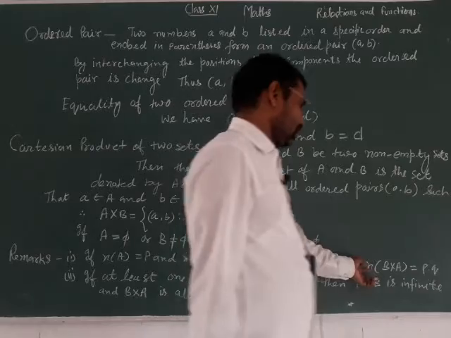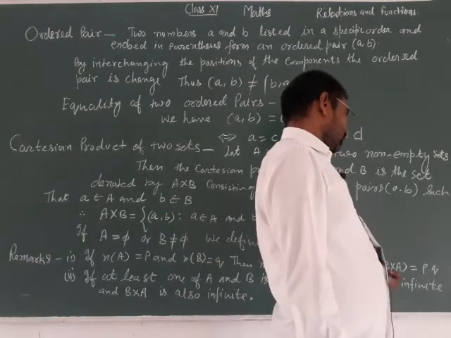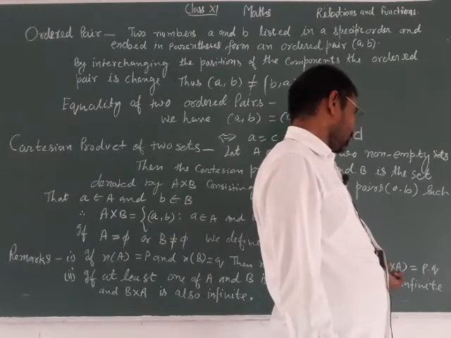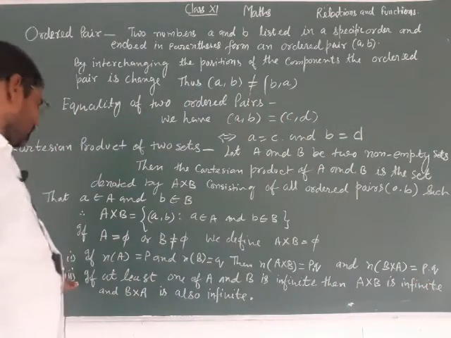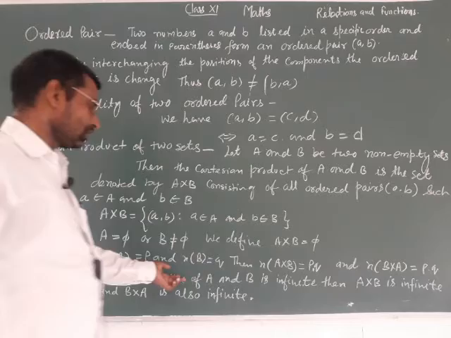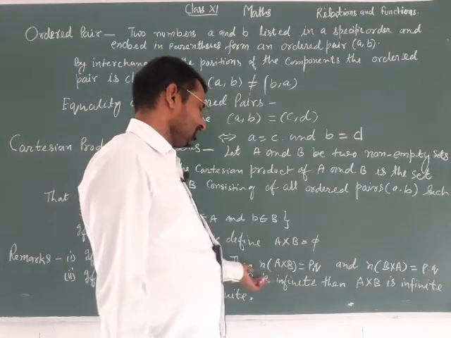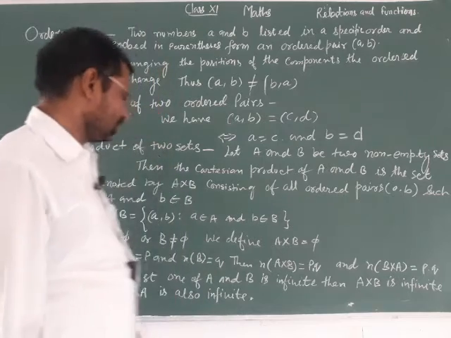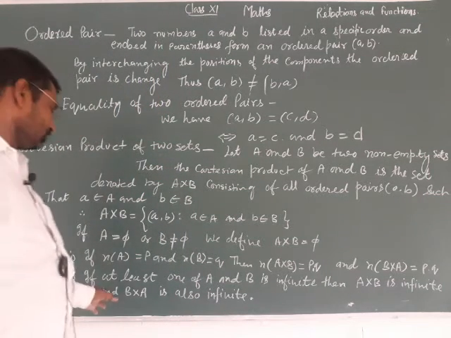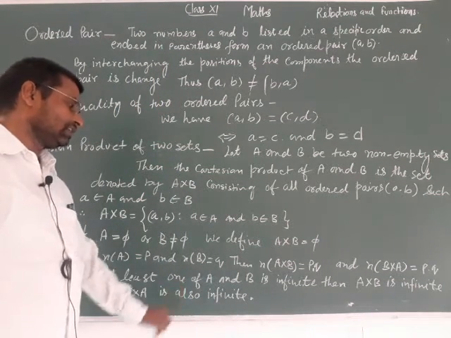Also, the number of elements of B cross A is also p into q. Second, if at least one of A and B is infinite, then A cross B is also infinite. So B cross A will also be infinite.